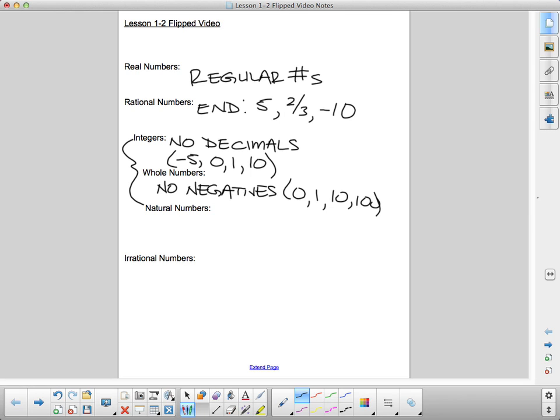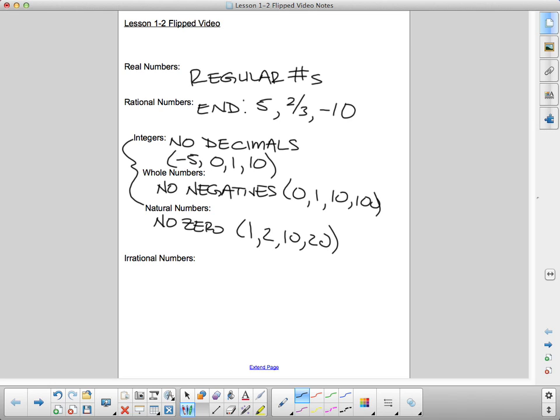Natural numbers, we're going to drop off the 0. So with natural numbers, we have no 0. So we're talking about 1, 2, 10, 20, so on and so forth. Whole numbers, but without the 0. These are a breakdown of rational numbers.